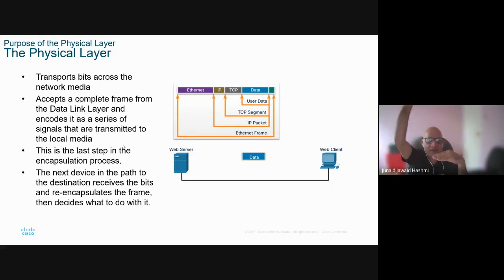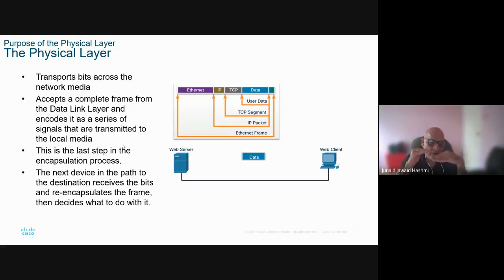Let's say you're accessing a web server using a web browser. The web browser is an application layer product, so it starts from the application layer and goes down through each layer: transport layer, session layer, network layer, data link layer, and then the physical layer.